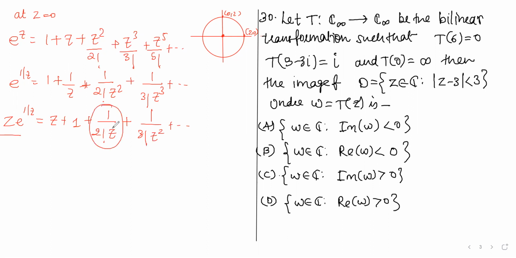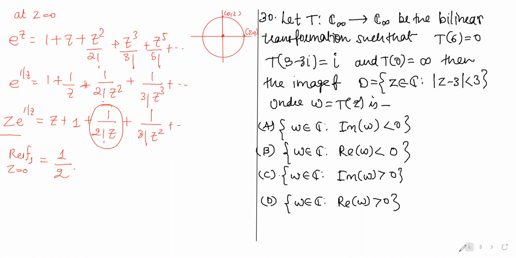We also call it b1, the coefficient of 1 upon (z minus alpha). That is the residue. So the residue of this f1 at z equals 0 will give me 1 by 2.